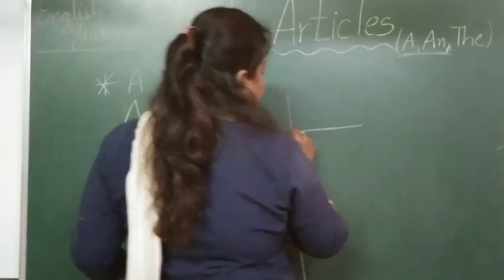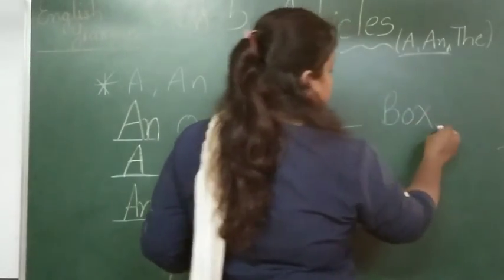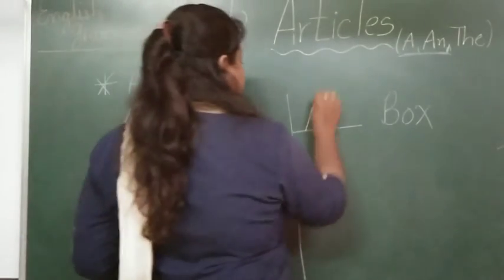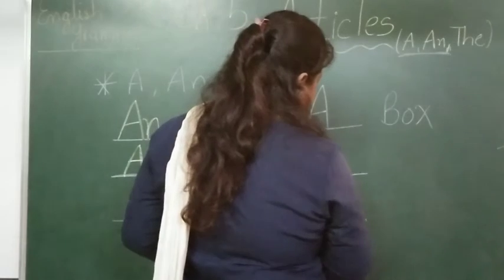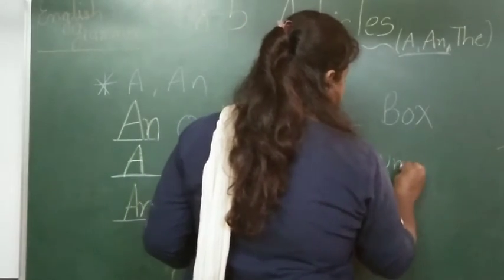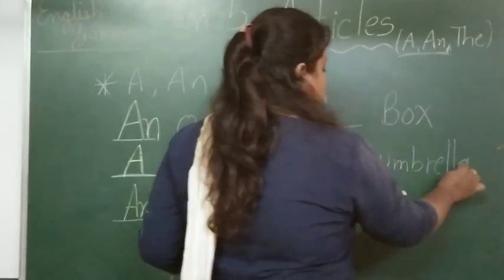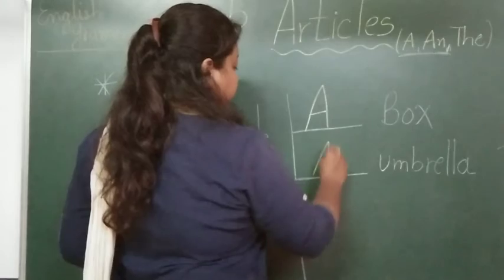If I write here box, box starts with the letter B, so we will write the article a over here. Next I will write here umbrella. So for umbrella, which article will come?